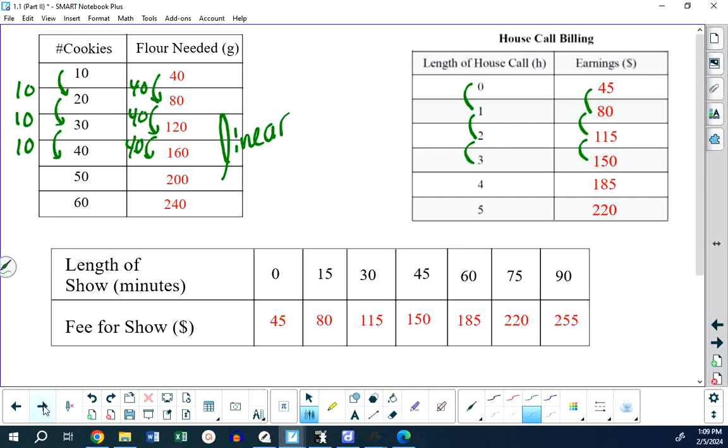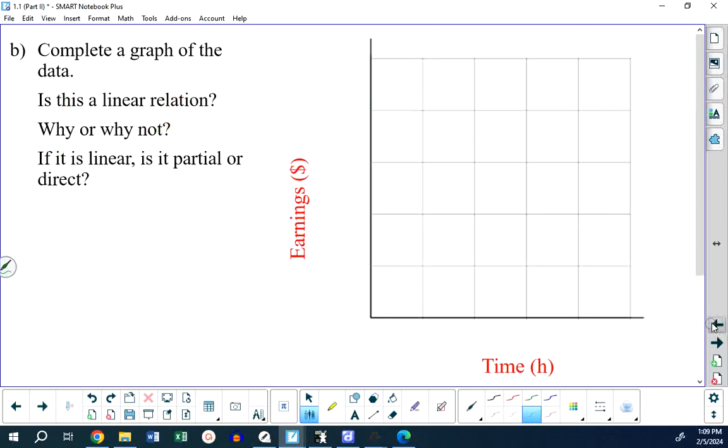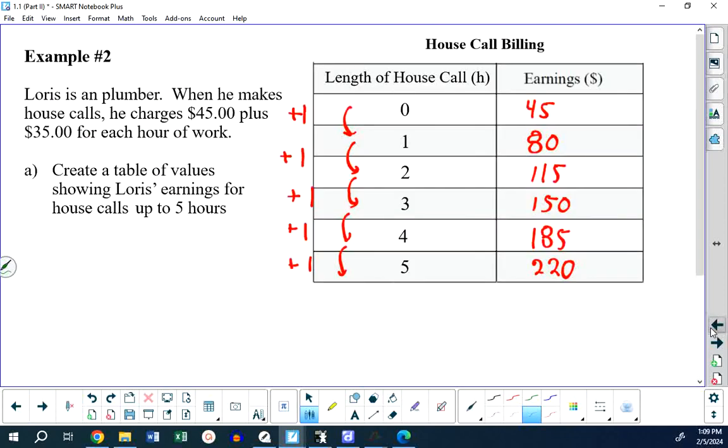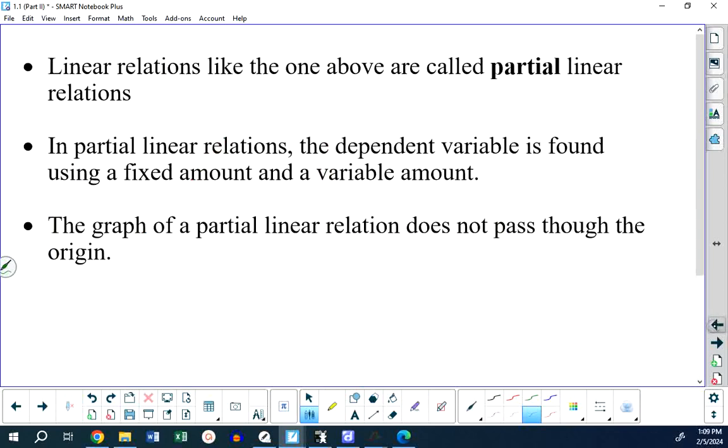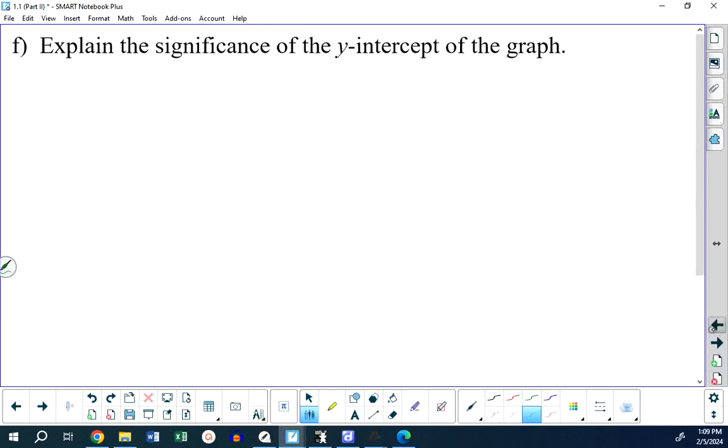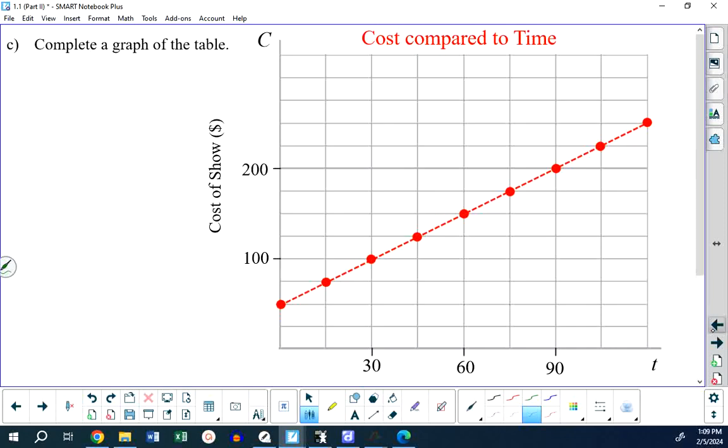I have a question for you. Let's go back and look at the graph for the magic show. Would you have been able to draw this line if you only knew those 2 points? Sure, because it's a straight line. In other words, we only need 2 points to draw the line.